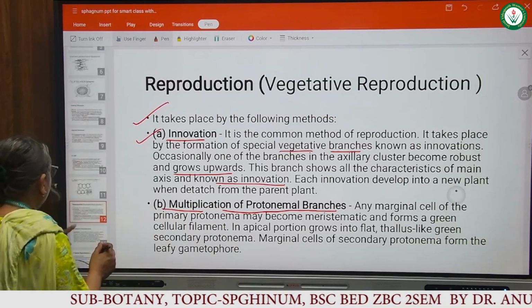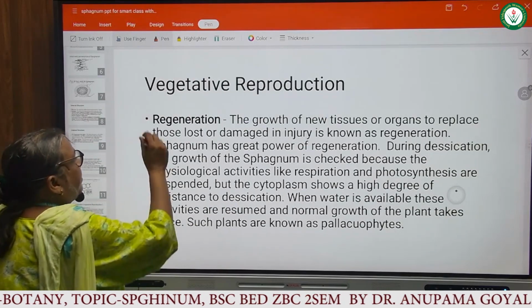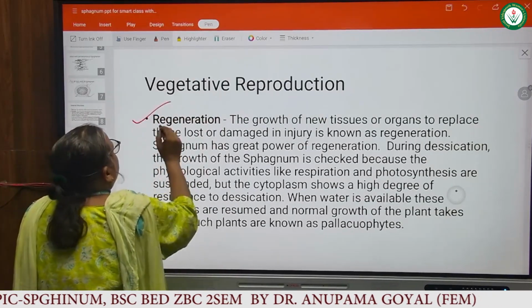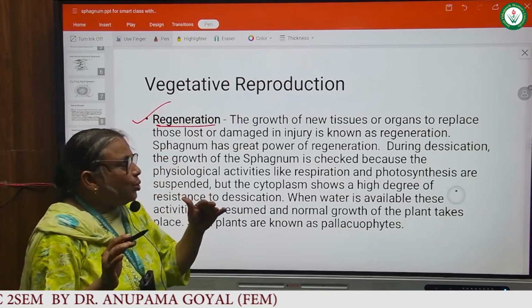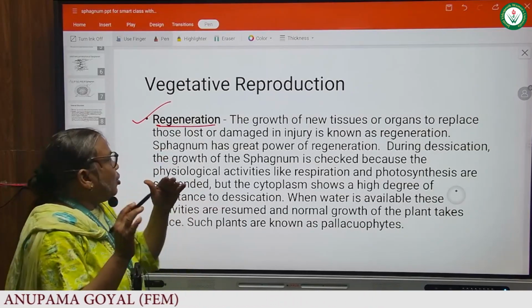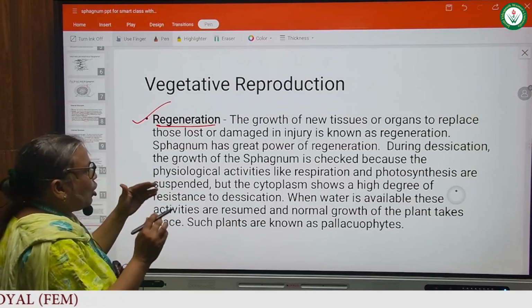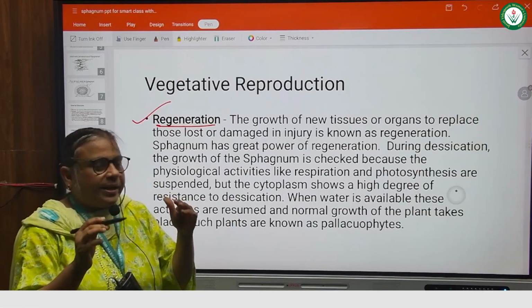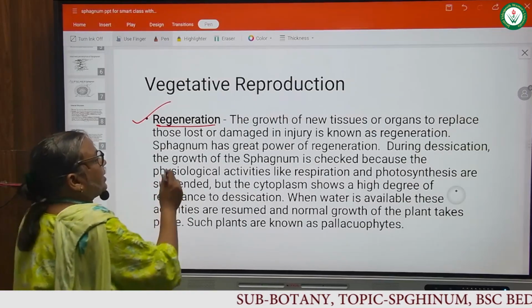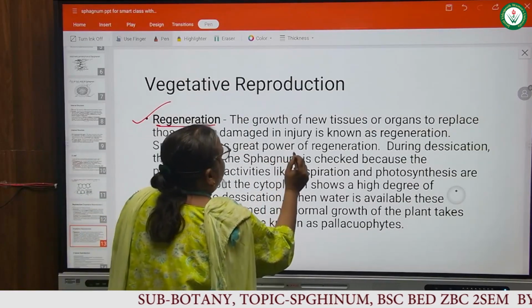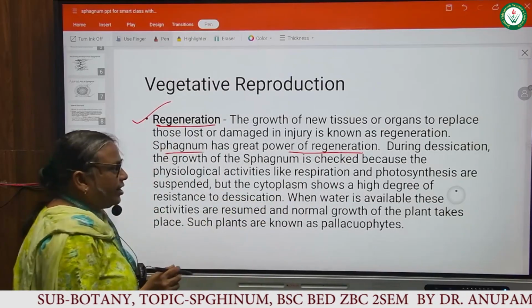And now I talk about the vegetative reproduction in Sphagnum by regeneration. The growth of new tissues or organs to replace those lost or damaged in injury is called regeneration. So, Sphagnum has great power of regeneration.